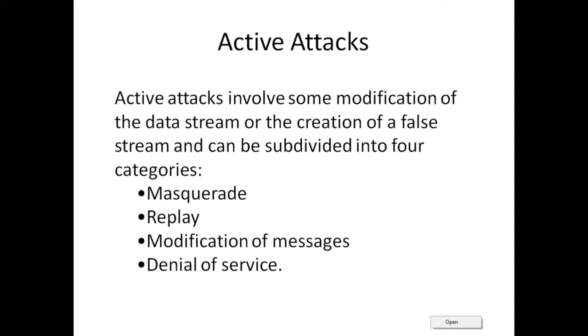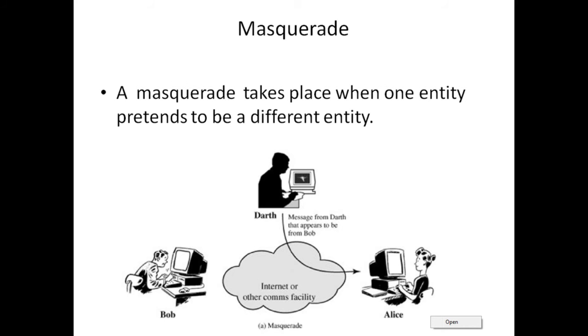Next are the active attacks. Active attacks may involve modification of the data stream or creation of a false stream. These can be further categorized as masquerading, replaying, modification of messages, and denial of service. Masquerading, as I just told you, is the activity where somebody is impersonating someone else.